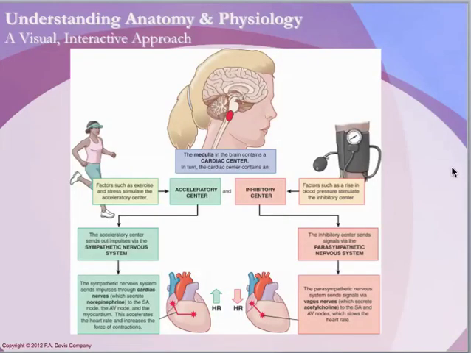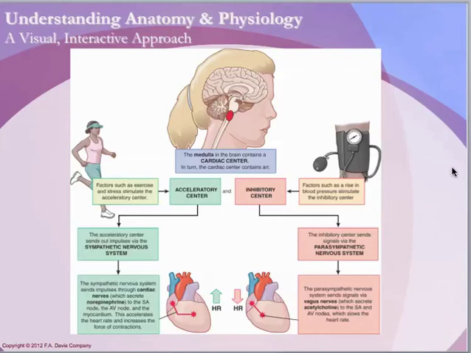If you see this picture, you can see it maybe a little bit better in your book too. It talks about the cardiac center, which is located in the medulla, in the brain stem. And we have an acceleratory center and an inhibitory center. Factors such as exercise and stress stimulate the acceleratory center. The acceleratory center sends out impulses to the sympathetic nervous system, which we just learned about, right? Fight or flight.